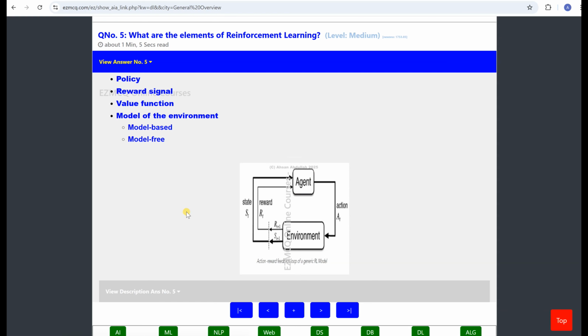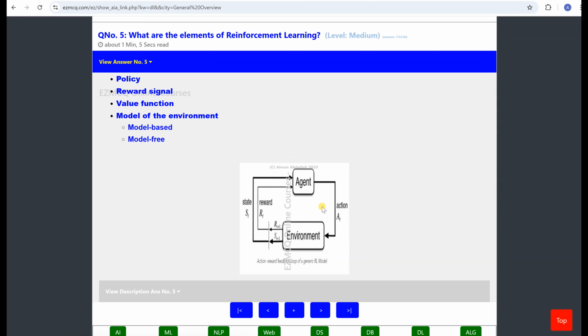So what is a policy? In a reinforcement learning setting, we have an environment and an agent, and the agent creates actions. A policy defines how the agent behaves, mapping the states in which the agent is into actions.